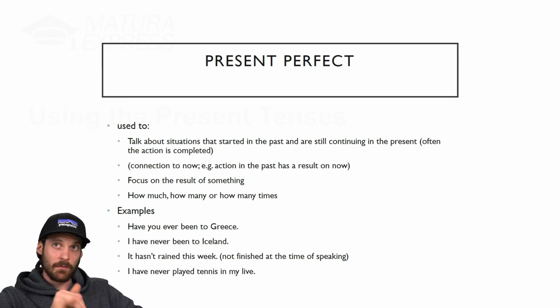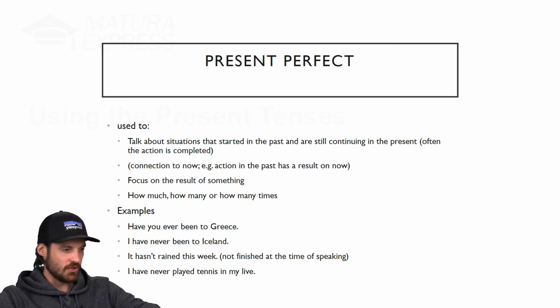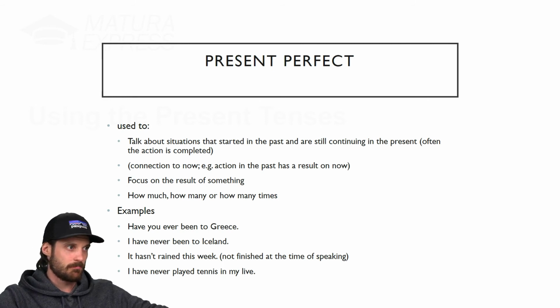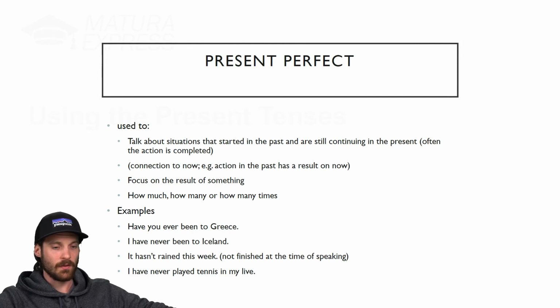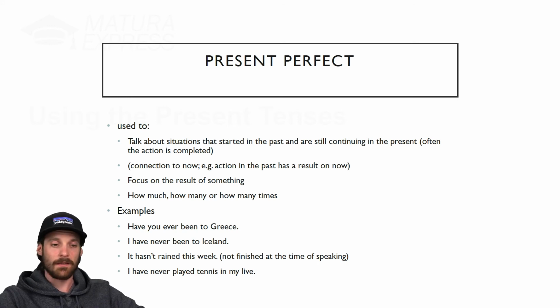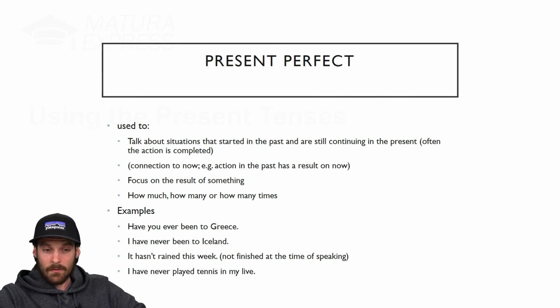And then with the present, you just adjust what you want to focus on. Either you want to focus on the result of something or on the action. So that's the aspect then. But we're with the present perfect right now, so simple. There's a connection to now, of course.